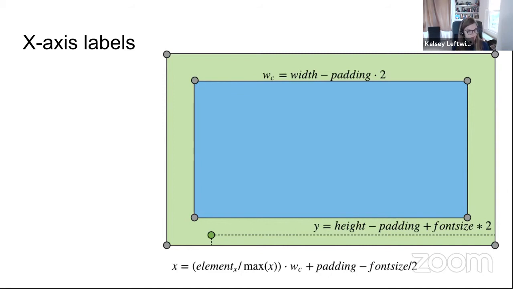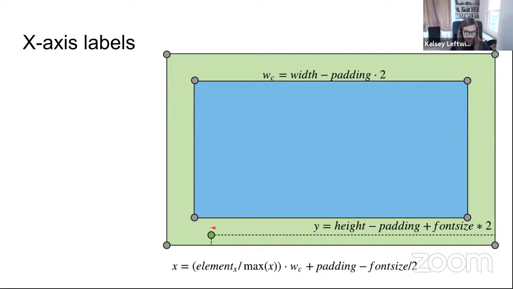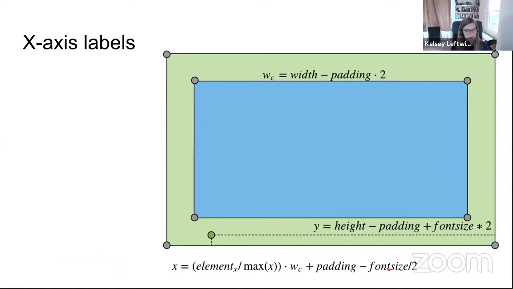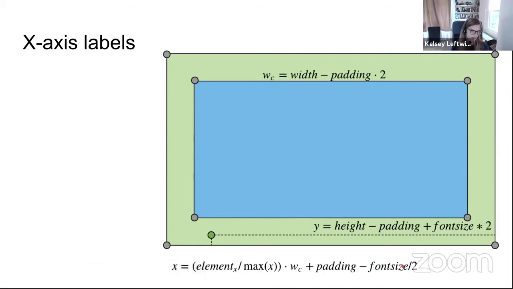So M for Monday, T for Tuesday, and so on. And so I know that I can position the center of the text under the tick mark by just moving it back half of a character width. And that's in this case. If you thought that would be more variable, you would need to adjust accordingly and have a little bit more of a nuanced approach. This just worked for this use case.